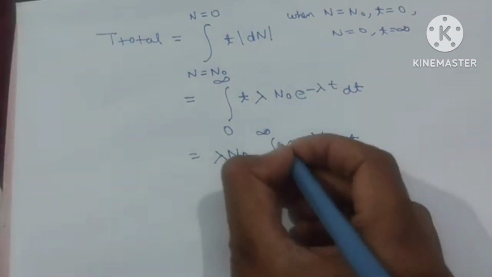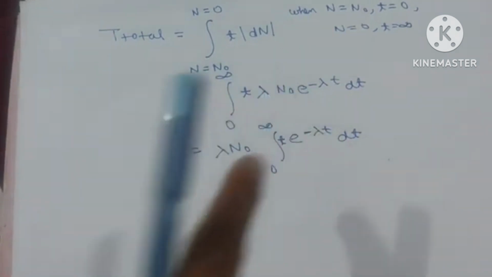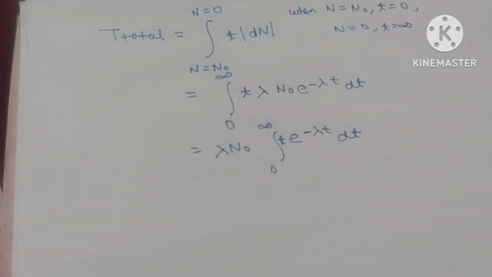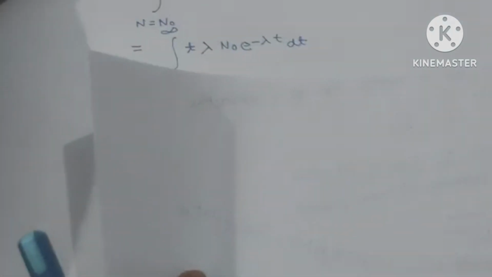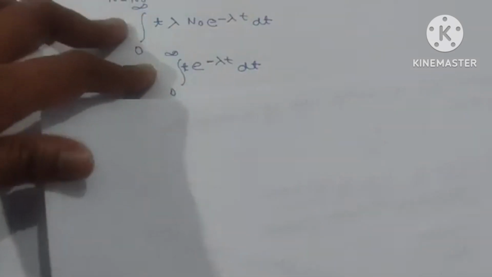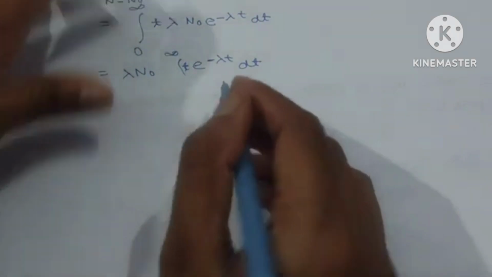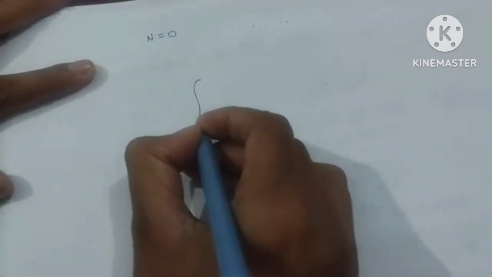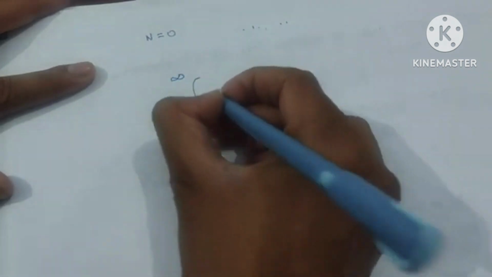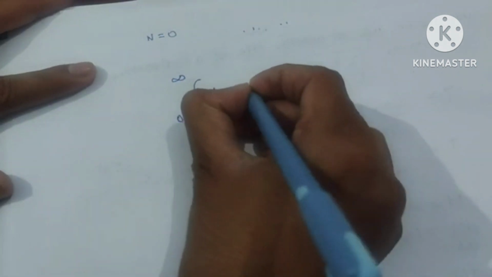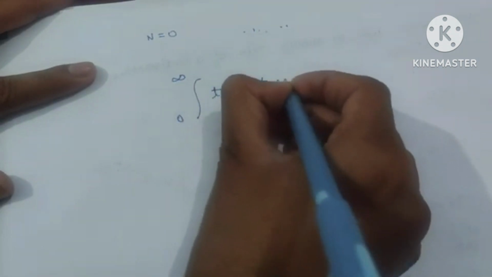And there is also t. That's why we're going to do the integration by parts. Let's do the integration by parts of these. Okay, so let's go. So here is the integral from infinity to t, e to the power minus lambda t dt.